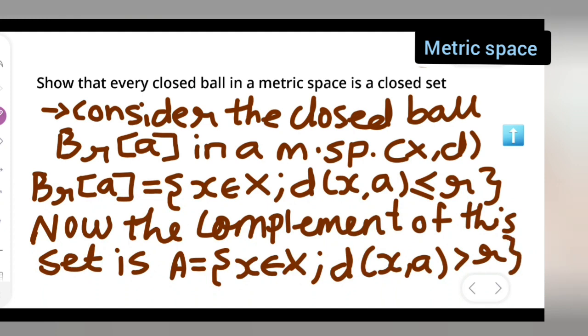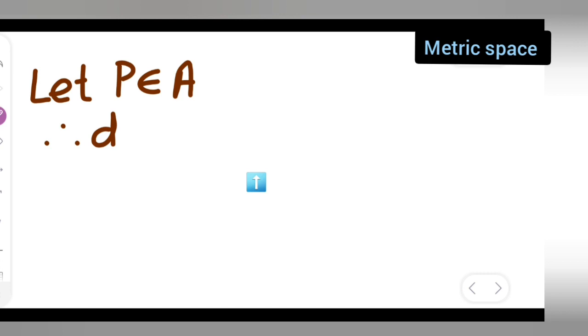Now let p belong to capital A. A is the complement of the set, therefore the distance between p and a is greater than R.